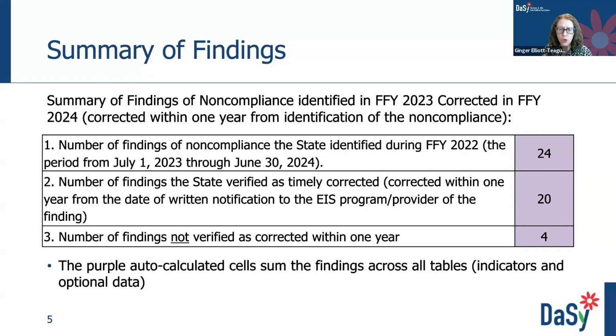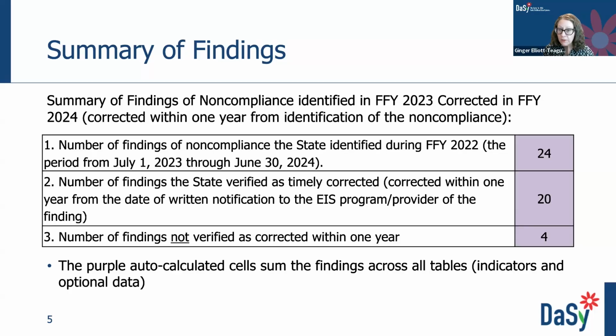In this current template, it asks you to summarize the number of findings of noncompliance that your state identified in FFY 2023 that were corrected or not in FFY 2024. So corrected within that 1 year as required. Of course, as we've talked about before, correction requires 2 components, right? At the child record level and then systemic compliance.